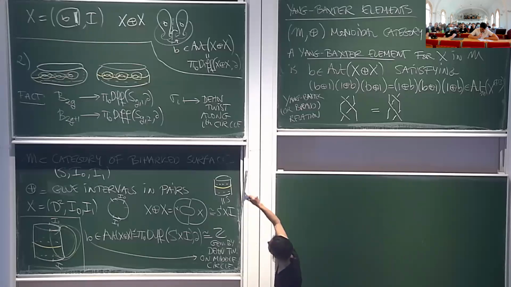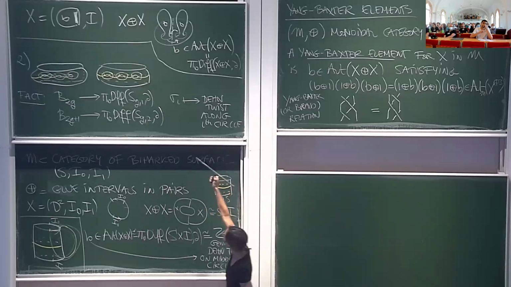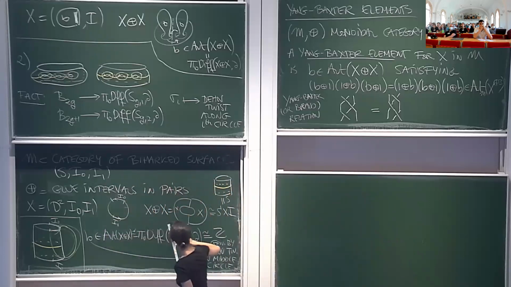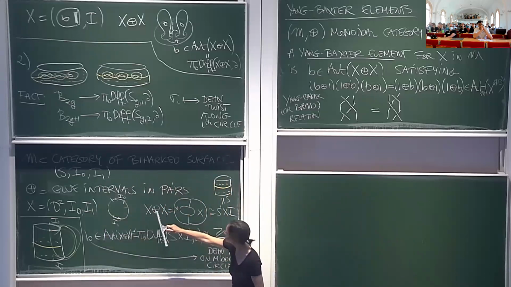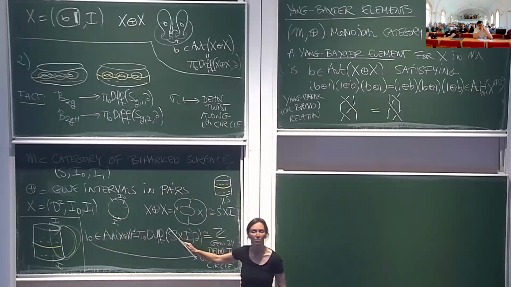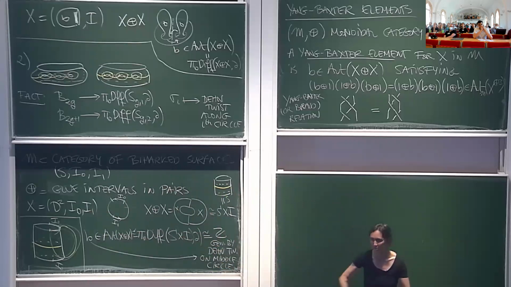The first one is actually part of a braiding for a braided monoidal structure. The monoidal category is braided, and this is the braiding. Whereas the second one, this element, does come from a map from the braid group, but it's not natural. The naturality condition fails a little bit. The hyperelliptic involution of the surface sort of comes in the way.